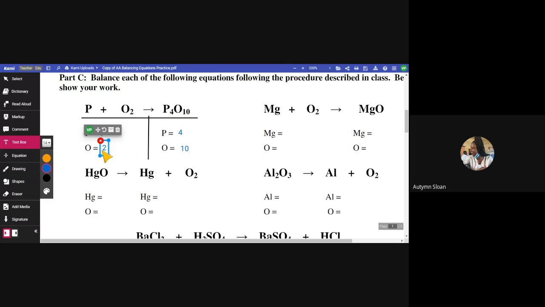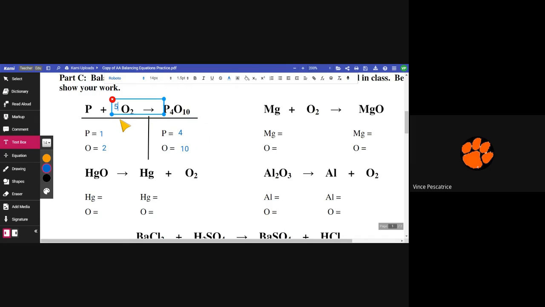5. So you start at the lower number. 2 times what is 10, and that answer is 5. So that answer becomes your coefficient. Up here, I'm going to put a 5 in front like that. So that tells me I have 5 times 2 here, so I'm going to change this to 10.